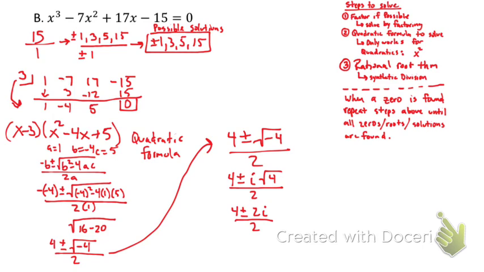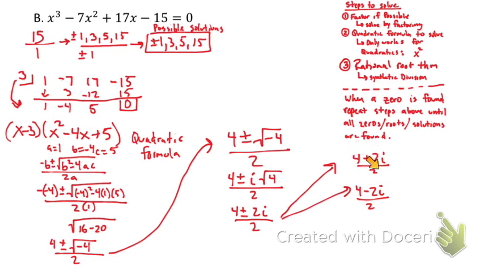And again, from IM2 you should know that this actually splits into 2 problems. So it's 4 plus 2i, so we basically just take one of the signs, all divided by 2, and 4 minus 2i, all divided by 2. And we want to clean this up if we can. For example, 2 can divide both of these.